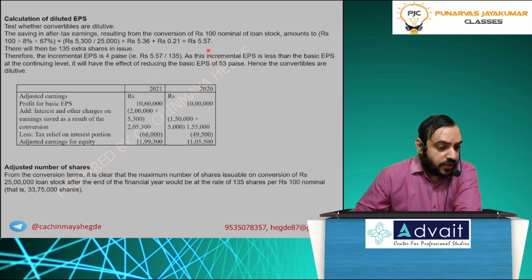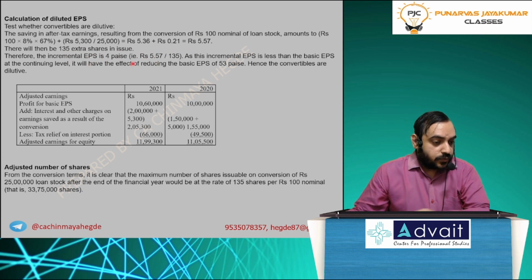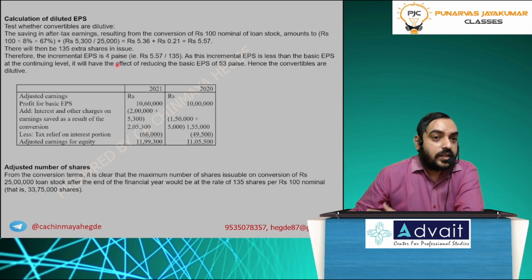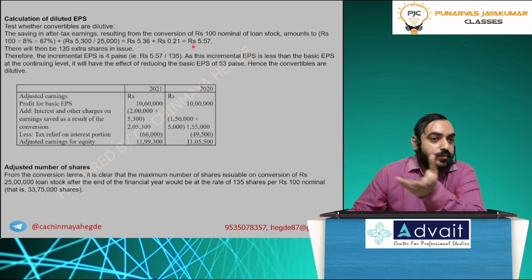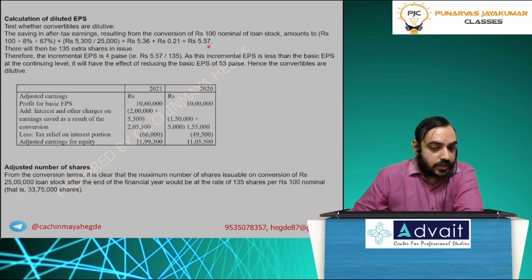Okay, 5.54. How come they are getting this? No, no, here they have divided again. Then they got 5.57, and then divide by 135. Yeah, that's what you get. That's 4 paise. Maybe there's rounding off involved, because too many decimals are there. Let's not worry about it.